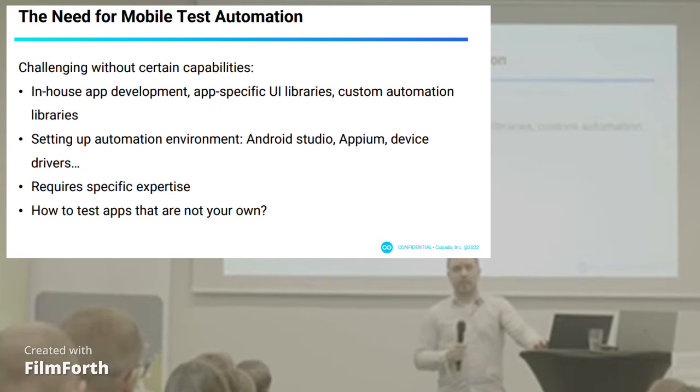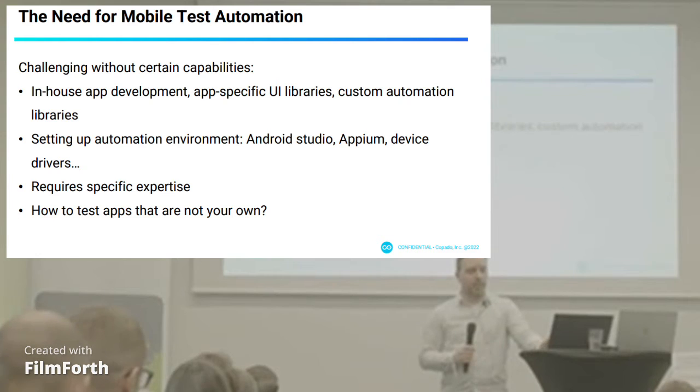So they are developing mobile apps themselves, or they are mobile device manufacturers, or something that they have in-house development. They can build, for example, specific UI libraries that you can use in test automation, or the ability to create custom libraries. But this is rarely the case in our kind of customer cases.